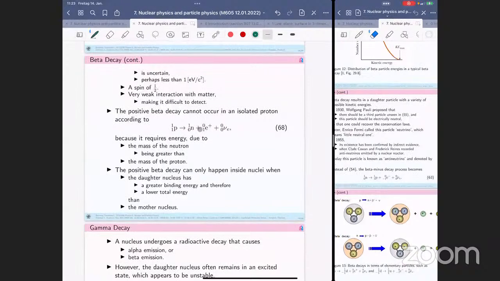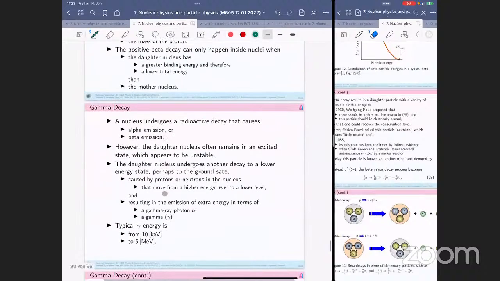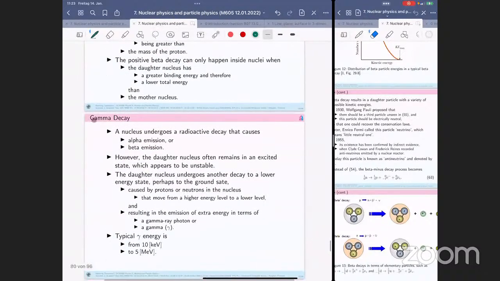And now we move to the third type of decay. We order the different types of decay according to the energy or the penetration ability. Gamma decay, what is that? Gamma decay means the nucleus undergoes a radioactive decay that follows alpha emission or beta emission. The gamma decay is the result after the first two steps.